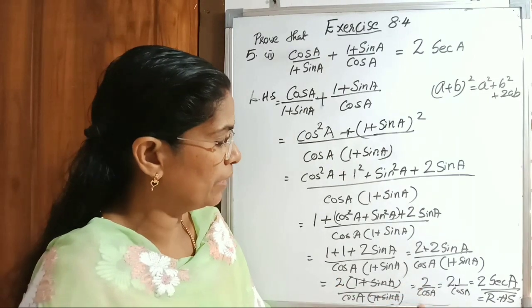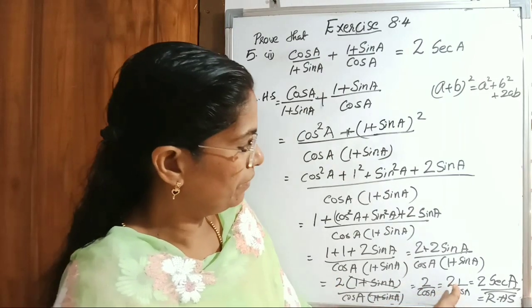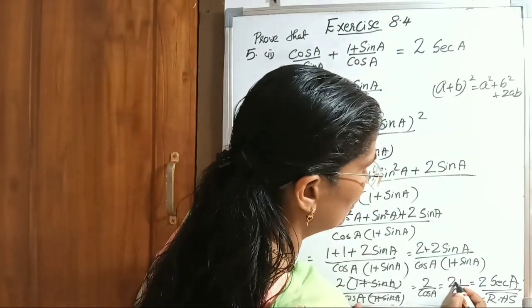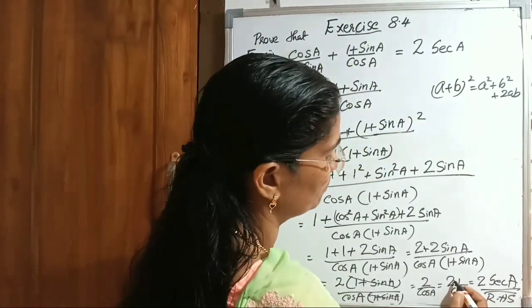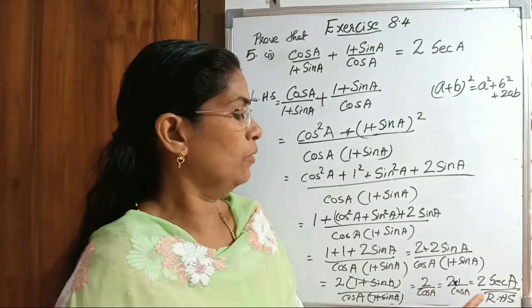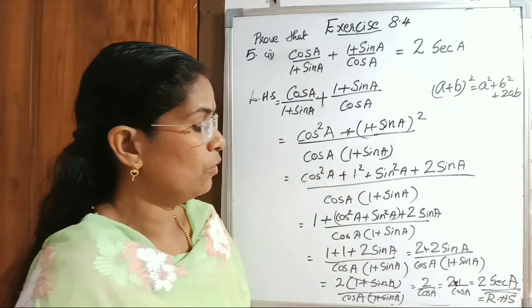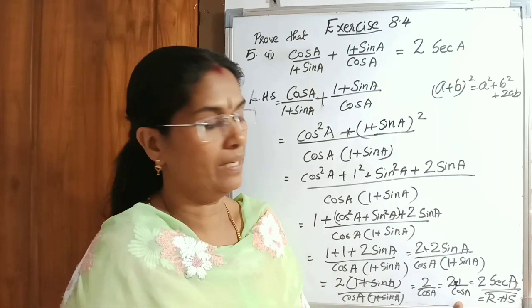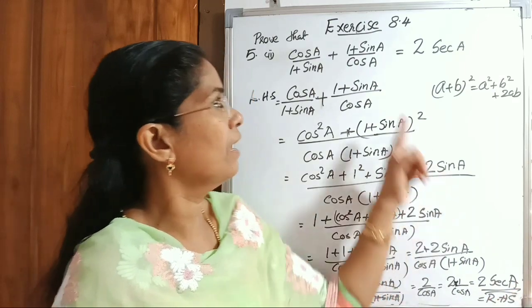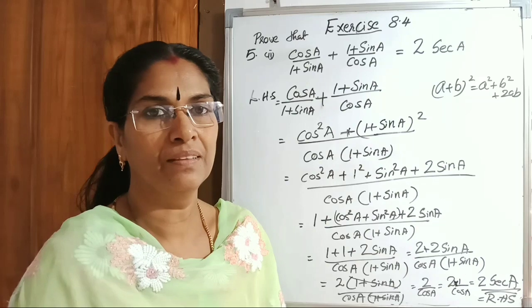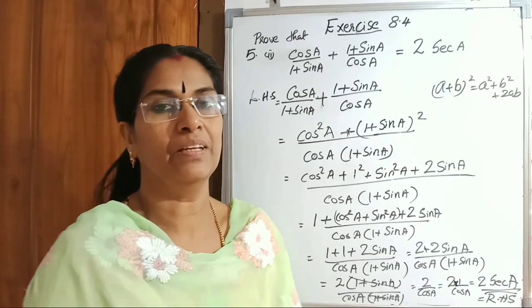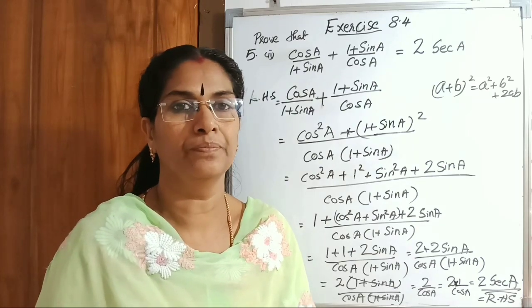We will get 2 by cos A. Again we are writing it as 2 into 1 by cos A. 1 by cos A is sec A by our relation between cos A and sec A. So 2 into sec A, that is our RHS. We proved. Is it? Okay, we can do another problem.